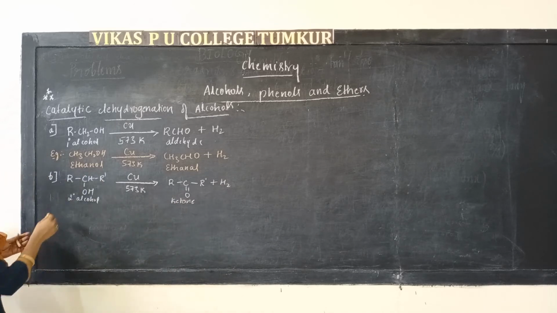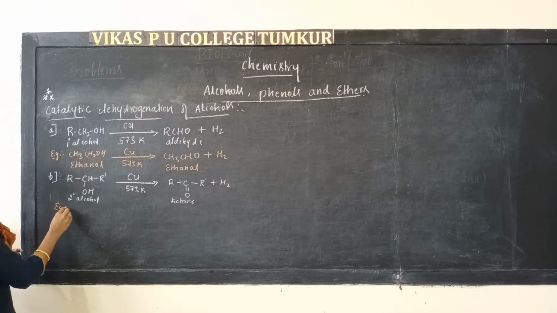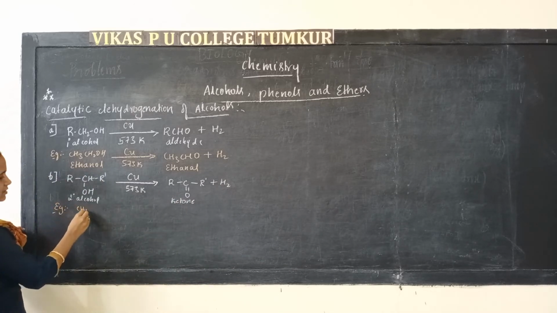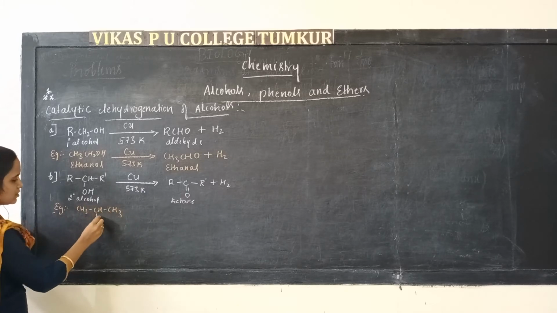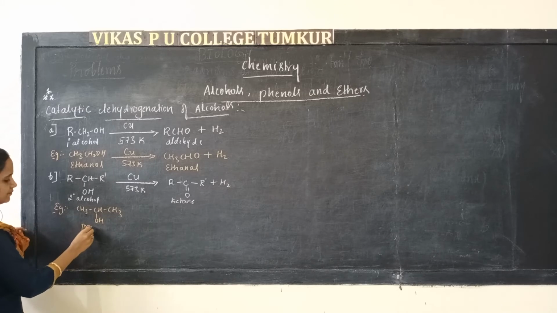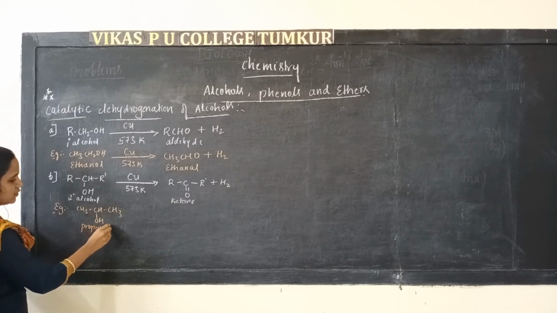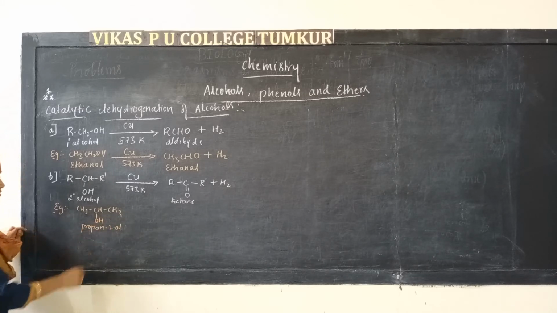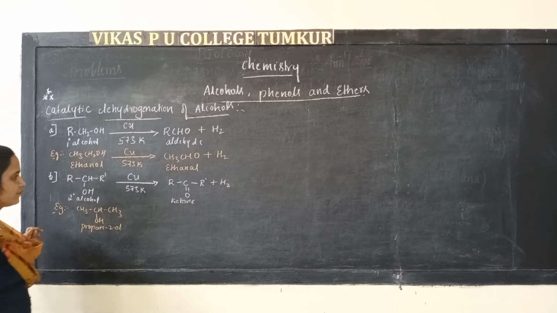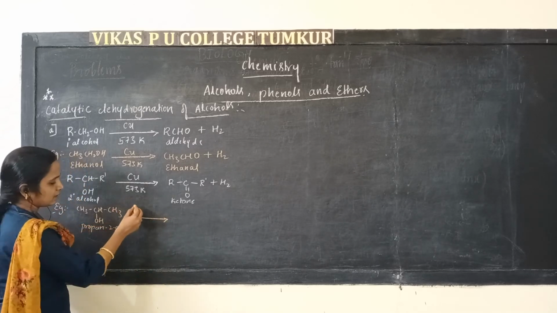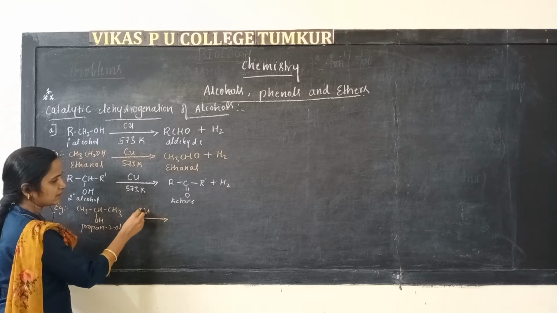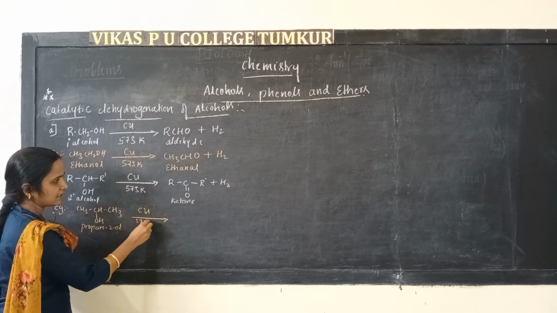An example we can take for this is CH3, CH(OH), CH3, that is 2-propanol. The vapors of 2-propanol are passed through copper at 573 Kelvin.